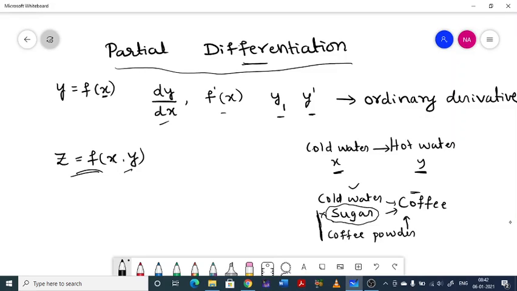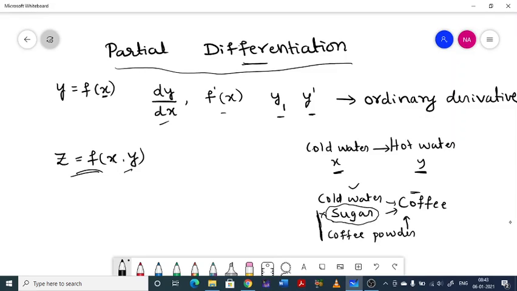So you can't get the correct answer. That will not be accurate. So to find the change in the dependent variable, when it has more than one independent variable, I have to change only one independent variable and keep all other independent variables constant.